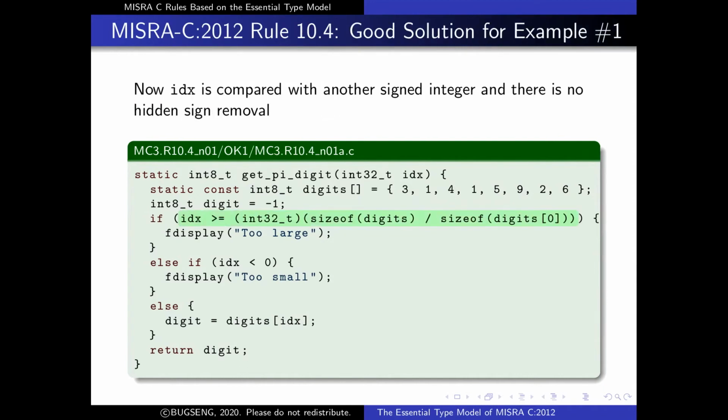A possible solution, assuming that IDX really has to be signed, is to introduce an explicit cast and then compare signed with signed, avoiding the implicit conversion, which would be the wrong one, and replacing it with the explicit conversion, which is what we want.